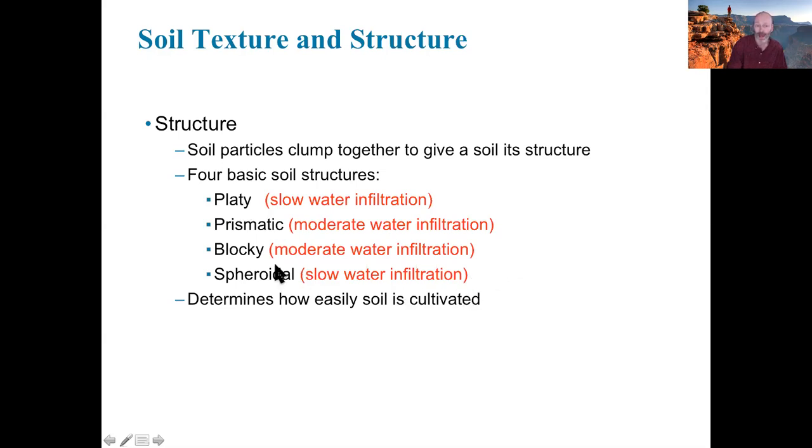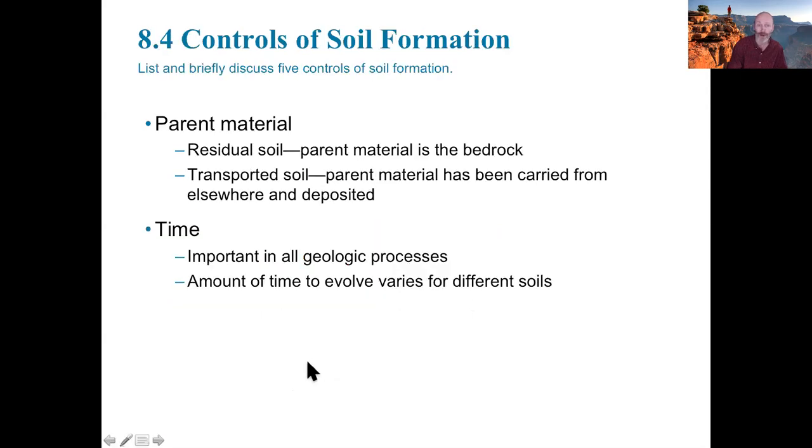So we have platy and spheroidal, which both slow the water, and then we have prismatic and blocky, which are both moderate in terms of letting it go through at a reasonable pace along the way. So these are structures that will help determine what kinds of plants. Different plants grow better or worse in different types of soil.